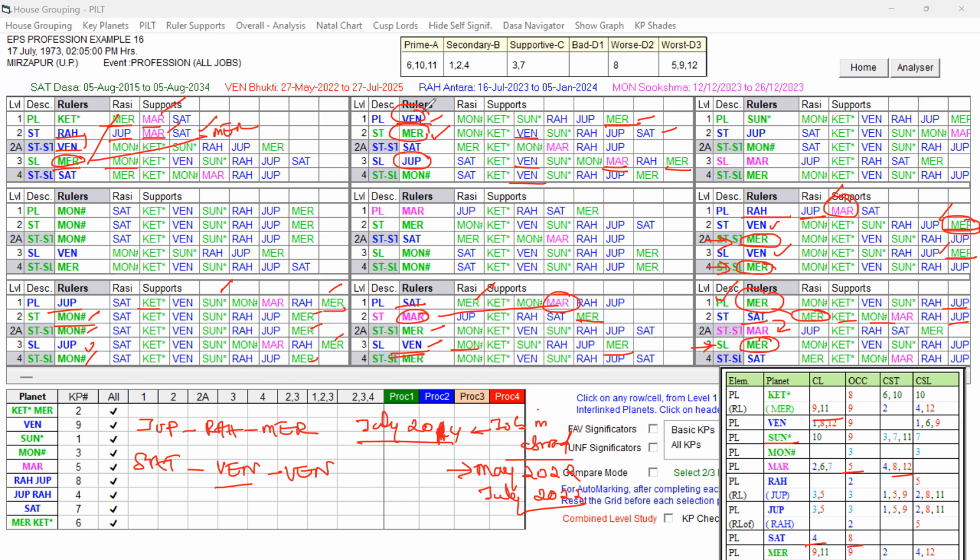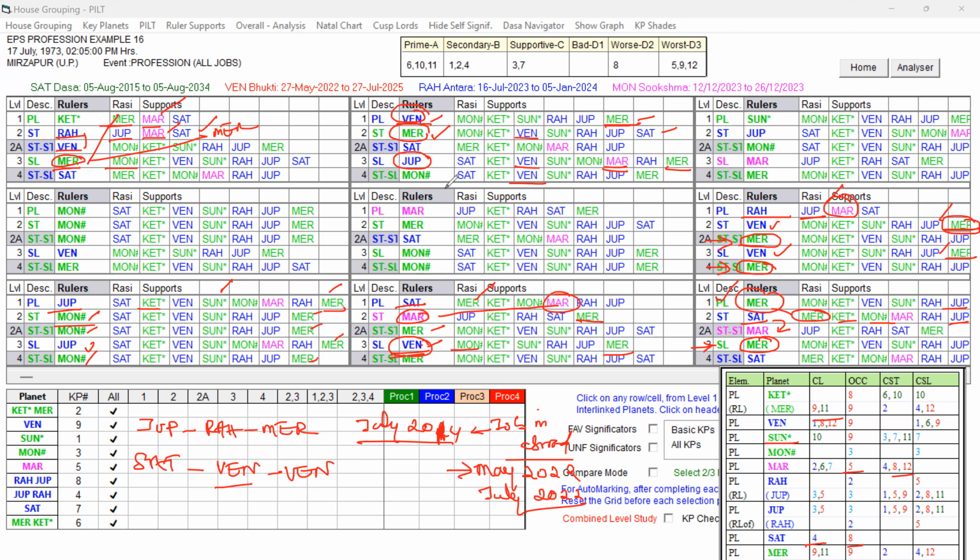So when that Venus Bhukti started, Venus does not have the unfavorable key planet Mars as ruler, and is also not under the influence of Mars in support of the planet level and star level, that is fine. But Venus itself is one of the unfavorable key planets of the Dasa Lord Saturn, a trouble-giving house lord to the Lagna.